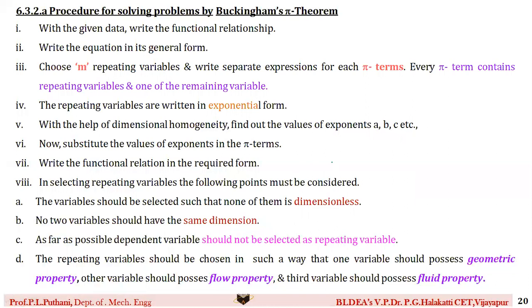Any shape and size which you can physically see is nothing but a geometric property itself. So you can say the diameter, length, breadth, width, they are all coming under geometric properties.